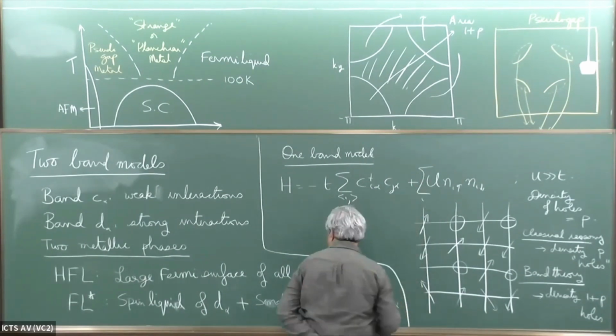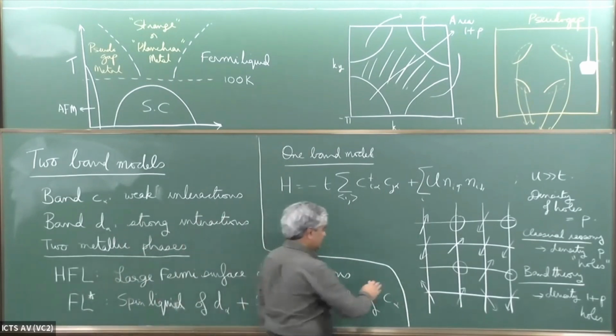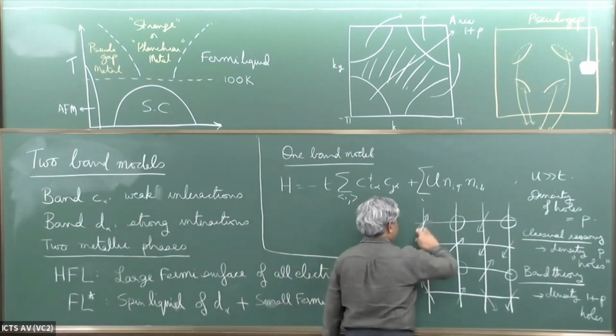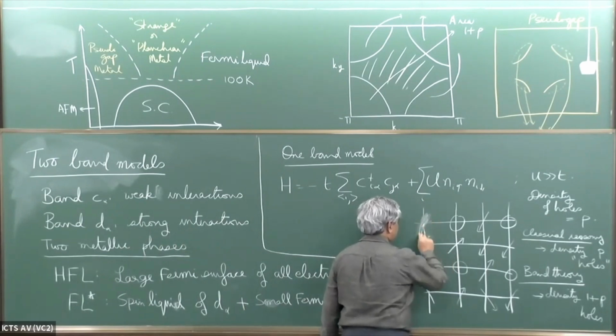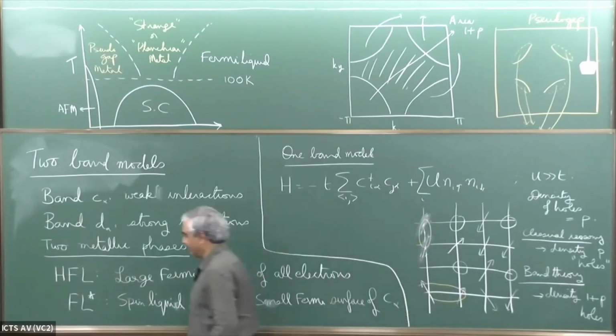So the naive picture is the following. First of all, you say that these spins form singlets. Let's start from scratch.